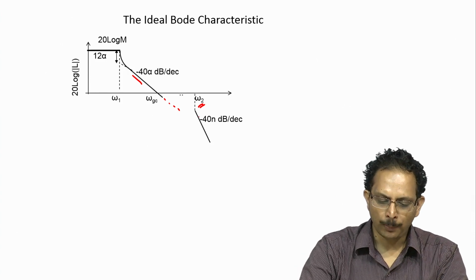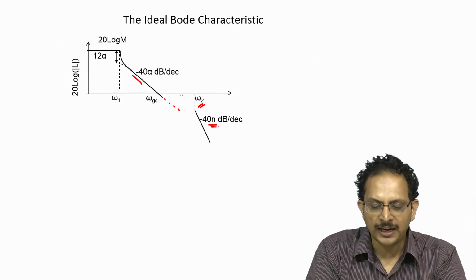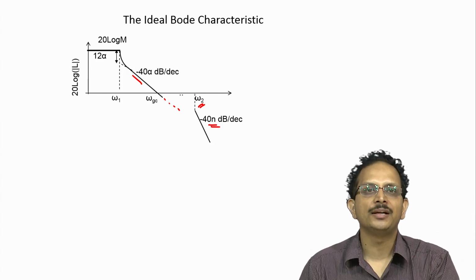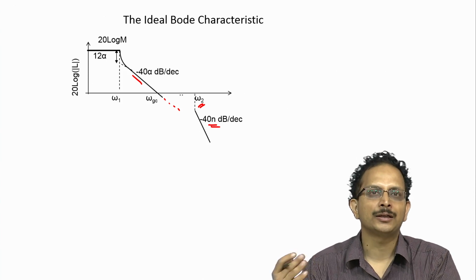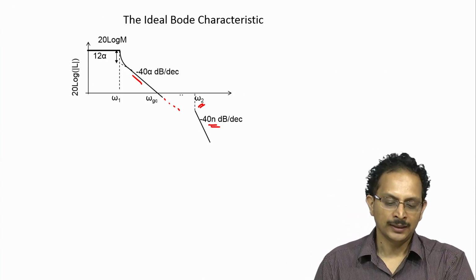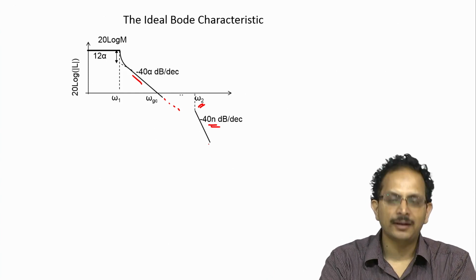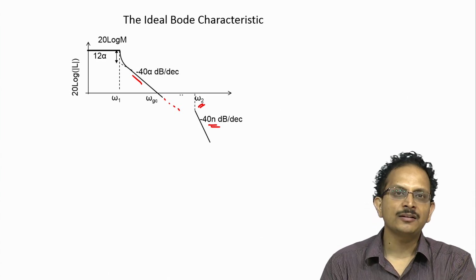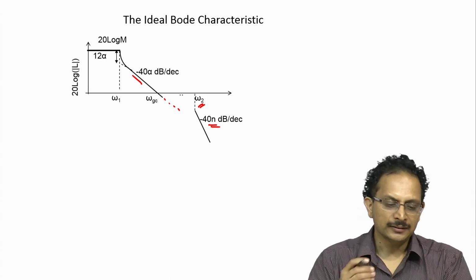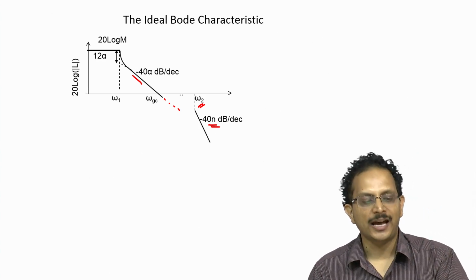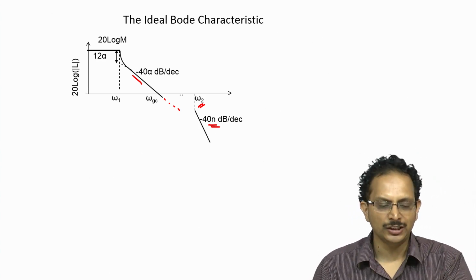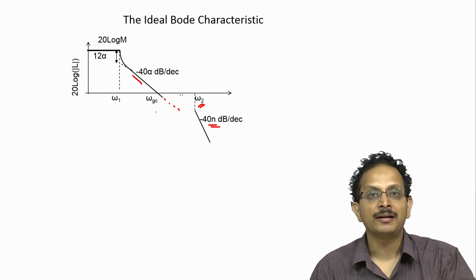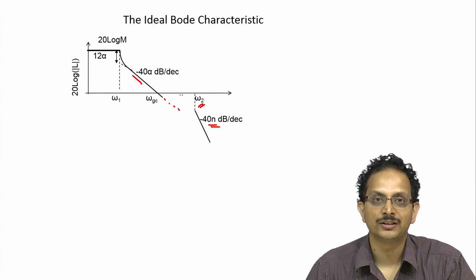So since the final roll off has a slope of, let us say, minus 40 n decibels per decade, where 2n represents the relative degree of the loop gain in the limit that omega tends to infinity, then we note that this particular roll off of minus 40 n decibels per decade will introduce a certain phase lag, and this phase lag will affect the phase characteristics over the entire frequency range, and in particular in the frequency range between omega 1 and omega gc, where stability of the closed loop system is a major concern.